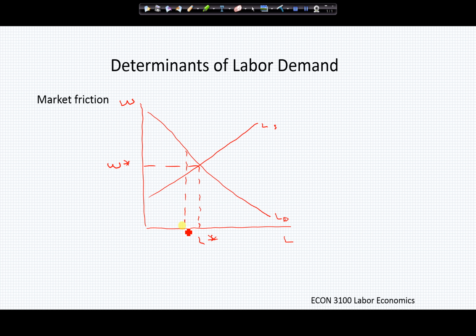We'll call this L prime, at which point it was only interested in paying W prime, although it might be able to justify W plus.